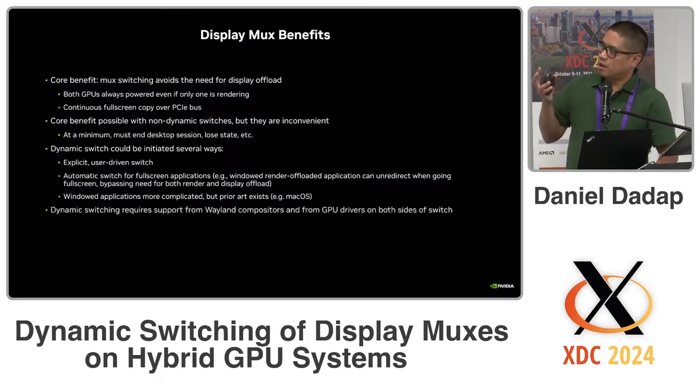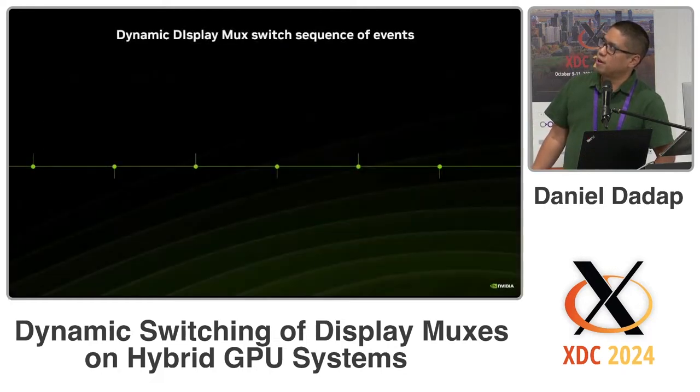But in any case, whatever your policy is for doing a dynamic switch, whether it be explicit or implicit or what have you, support is needed both from Wayland compositors and from the GPU drivers on both sides of the switch. If you're a GPU driver, you don't really care so much which of those use cases we're looking at. If you're a Wayland compositor, these are listed in roughly increasing order of complexity. And of course, for the GPU drivers, you're going to need some infrastructure to support all of that.